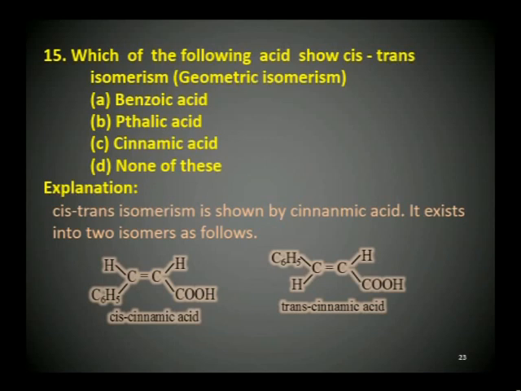So cinnamic acid shows cis isomer and trans isomer. So cinnamic acid will be the answer for the question, which of the following acids shows cis-trans isomerism?